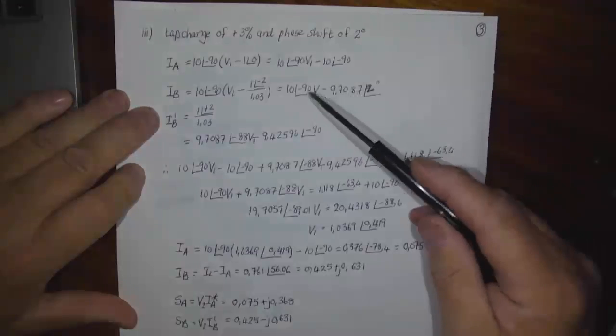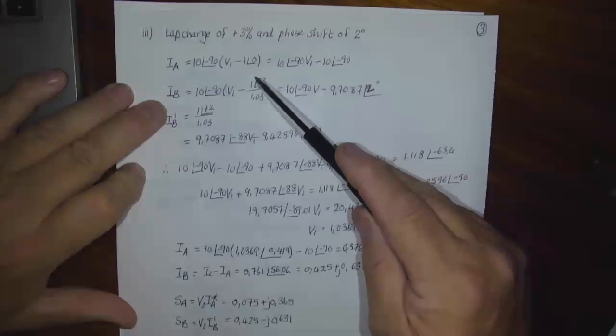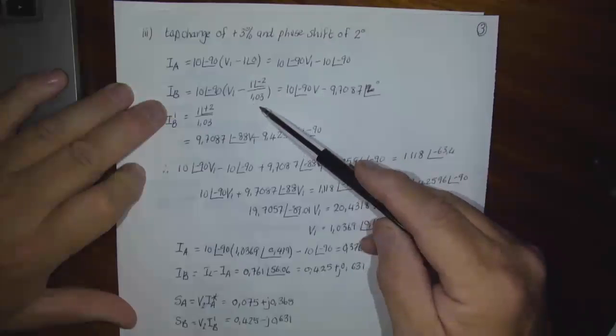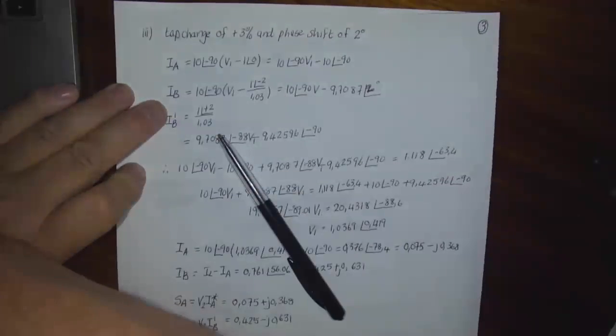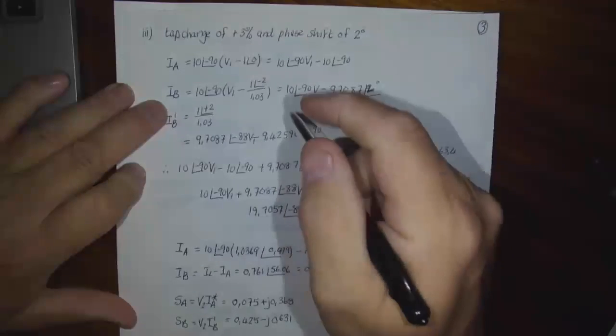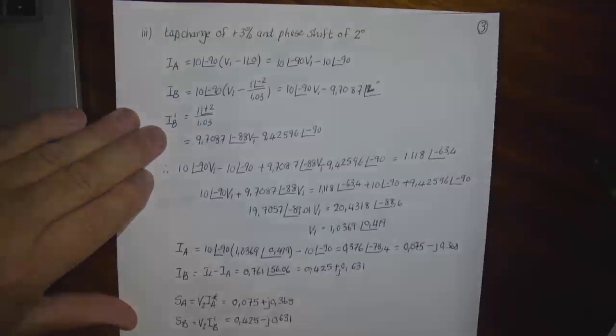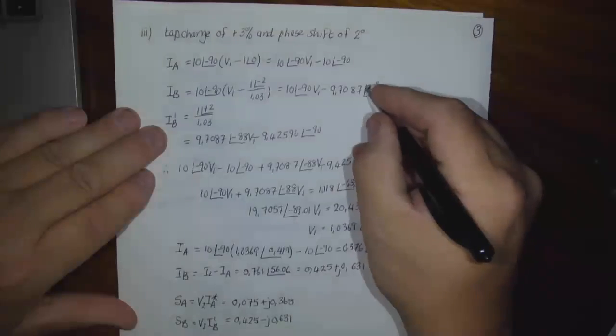Right. So then IB is 10 angle minus 90 V1 minus 1 angle minus 2 divided by 1.03. And that gives us 10 angle minus 90 V1 minus 9.7087 angle 2 degrees. Minus 2, right? Sorry.